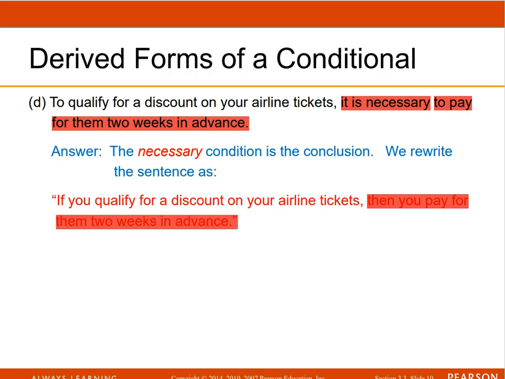The it is necessary is always paired up with the conclusion. So my hypothesis is if you qualify for a discount. So if you qualify for a discount on your airline tickets, then you pay for them 2 weeks in advance.